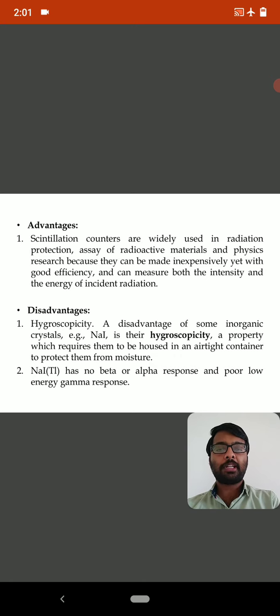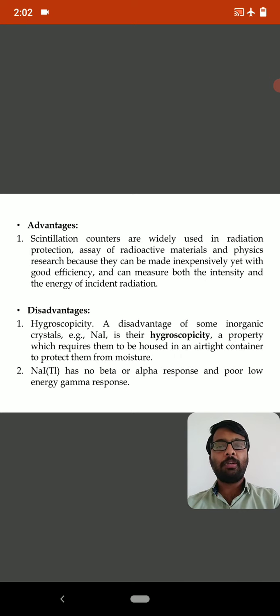It has no beta or alpha response and poor low energy gamma response, meaning we can detect high energy gamma photons, but this detector has low resolution for low energy gamma photons.